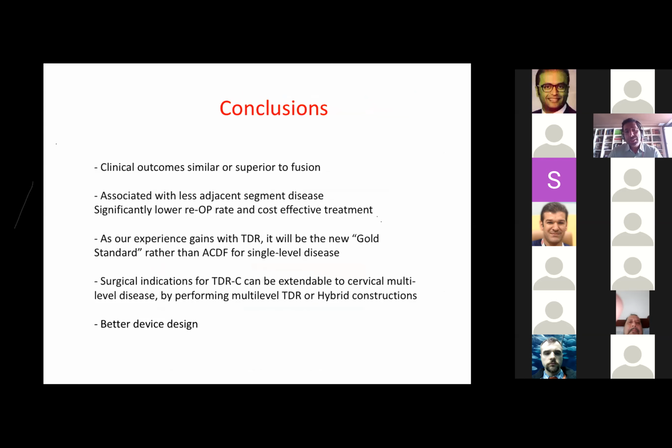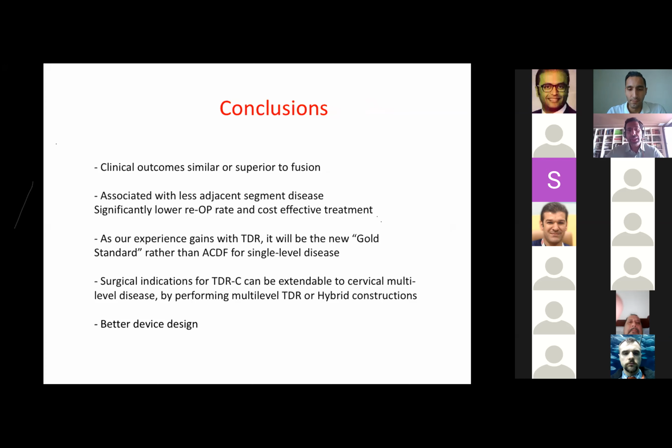So my conclusion is that clinical outcomes are similar or even superior to fusion, and many studies show this, associated with less adjacent segment disease, lower reoperation rates, and a cost-effective treatment. I think there is a lot of misconception about adjacent segment disease.